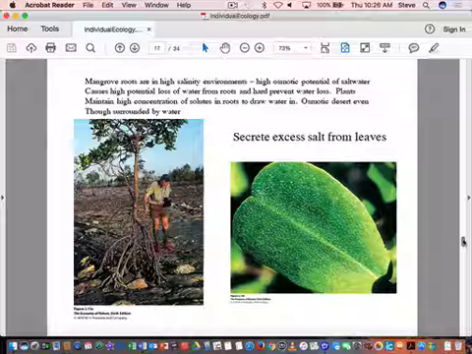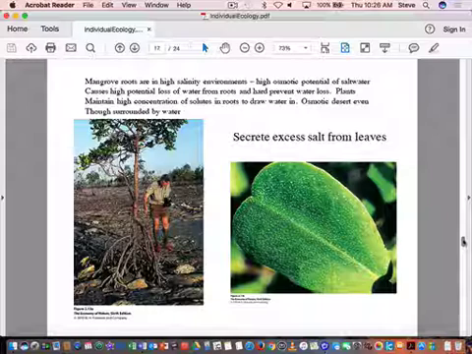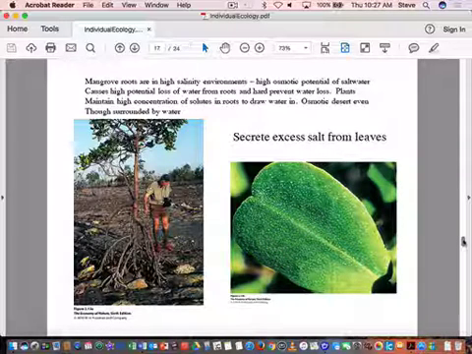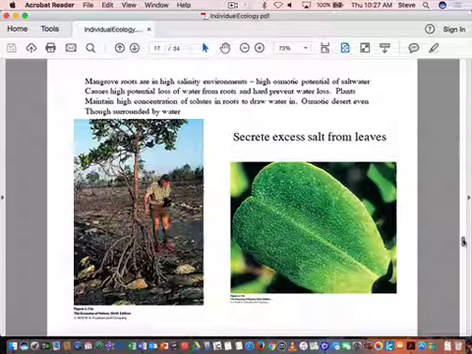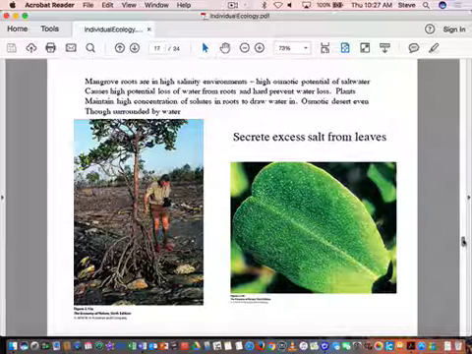Well, it turns out what mangroves do, the unique adaptation they have, and it's in all mangroves, and the details are not important, is they maintain a very high concentration of solutes in the roots. I think it's magnesium, but I can't remember which solute it is.